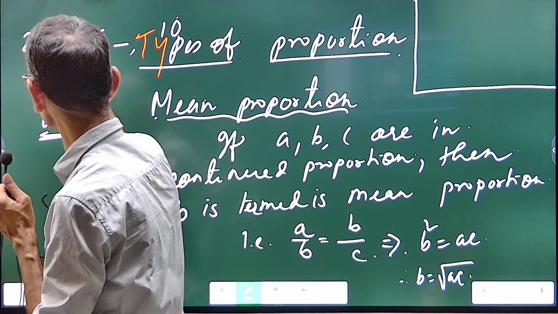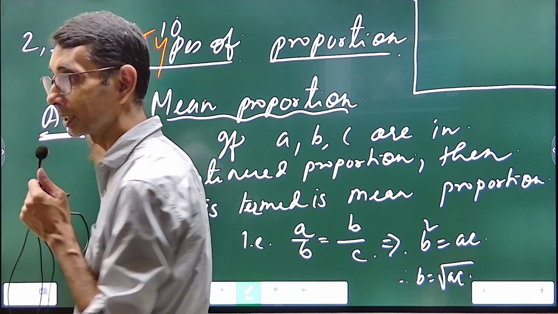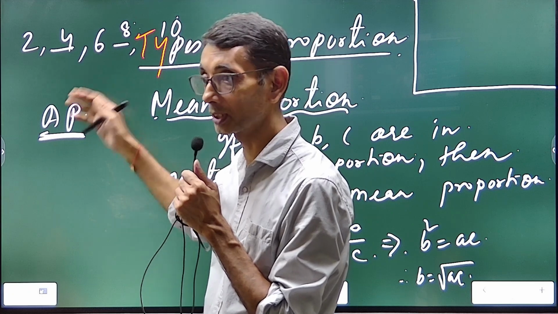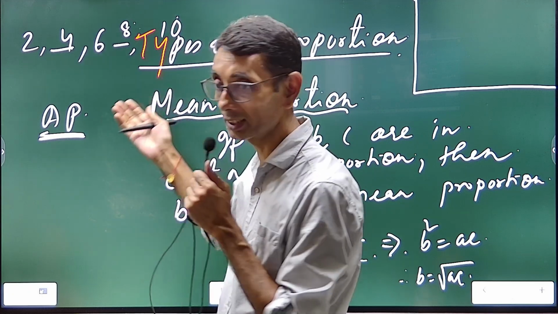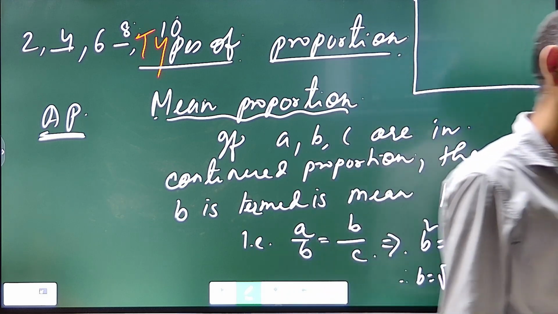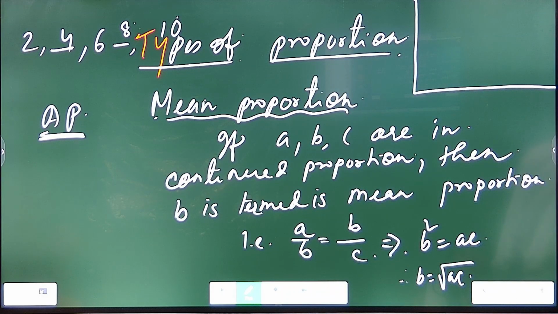After 2 comes 4, then 8 comes, so these are all patterns. Why? Skip counting: after 2 there is no 3, after 4 no 5, after 6 no 7, after 8 no 9, right? You have learned this. So what is this? These are called sequence, pattern.